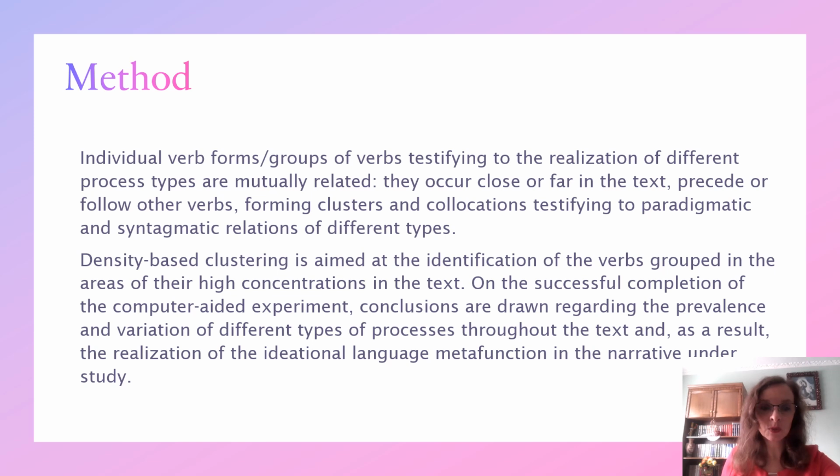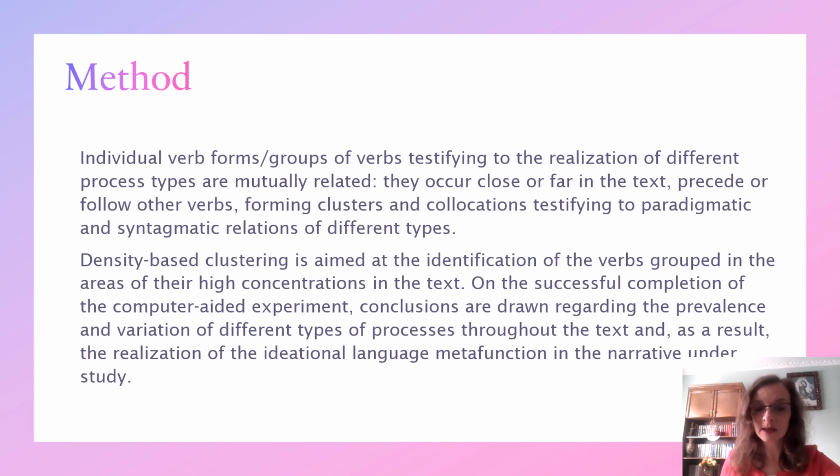The method used here stems from the fact that individual verb forms or groups of verbs testifying to the realization of different process types are mutually related. They normally occur close together in the text, form clusters, precede or follow other verbs, and form collocations testifying to paradigmatic and syntagmatic relations of different types.